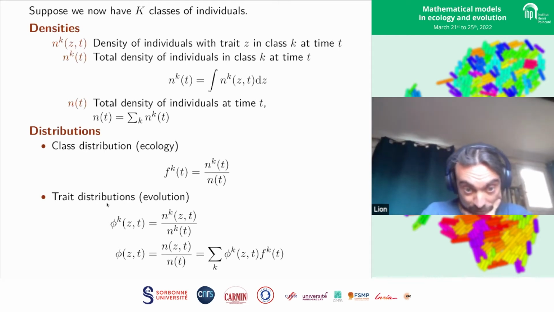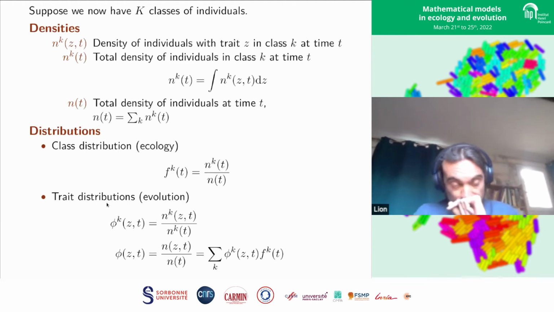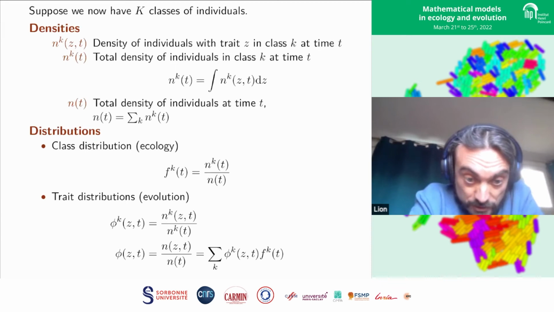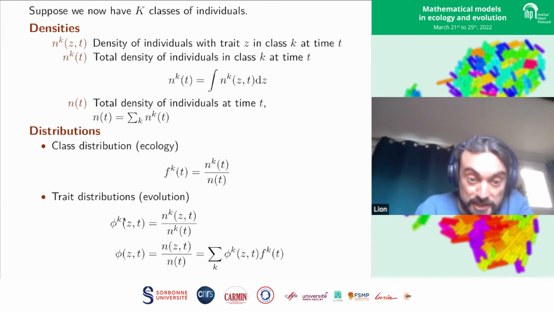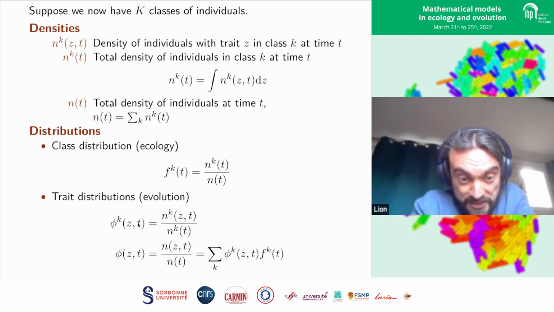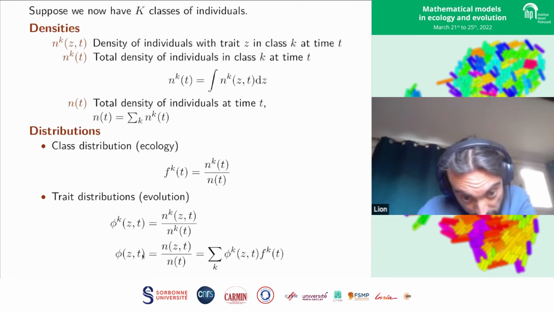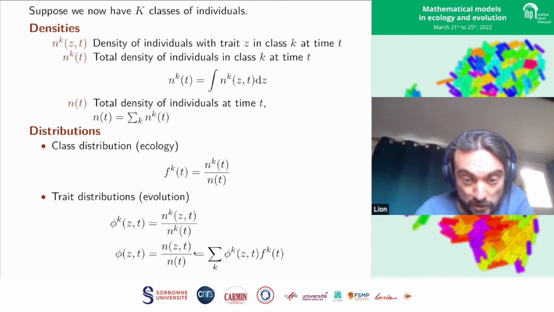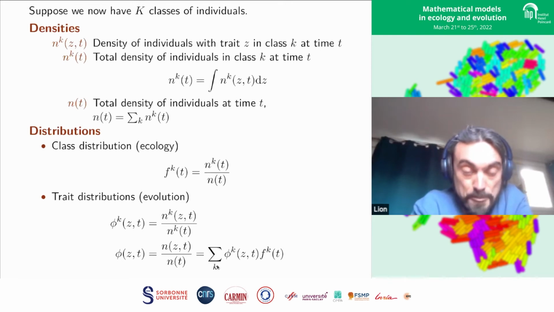And we have then trait distributions, which are going to give us the trait distribution within one class. Phi_k(z,t) is the trait distribution in class k, and there's also an overall trait distribution if we average over all classes with this formula.